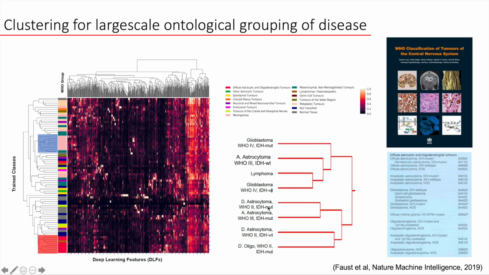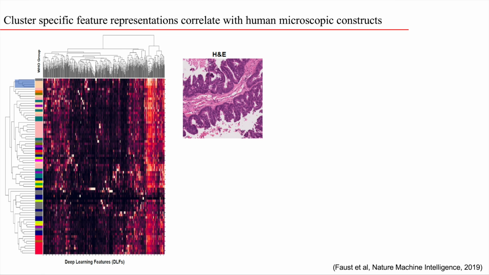Interestingly, the lower grade gliomas form their own kind of family of tumors, while the higher grade gliomas grouped in this second group, admittedly with lymphoma, again because of those similar features of malignant tumors, such as the high nuclear to cytoplasmic ratio. So this is a very good way to automate some of these very challenging tasks that require consensus from many pathologists.